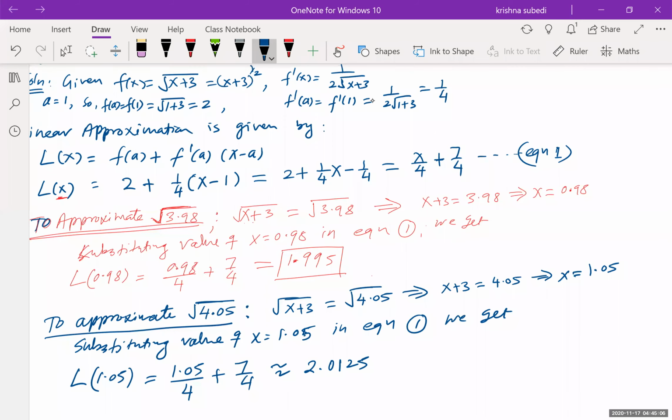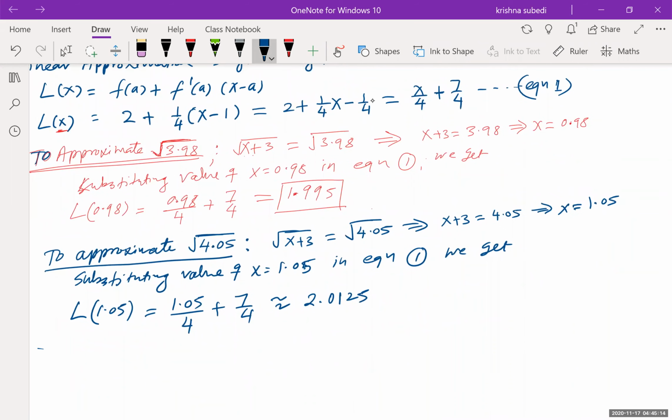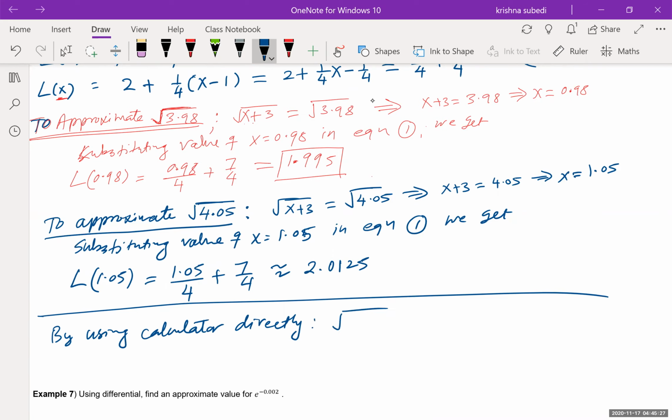Now, I would like you to check this answer using your calculator directly. Just for fun, okay? It's not required. Let's see whether our answer is approximately correct or not. So by using a calculator directly, square root of 3.98, how much do you get?